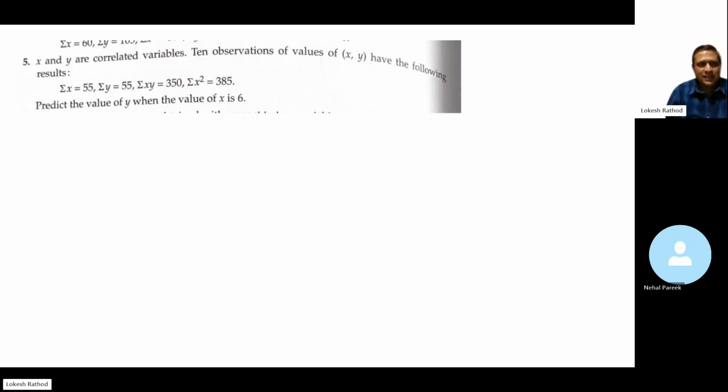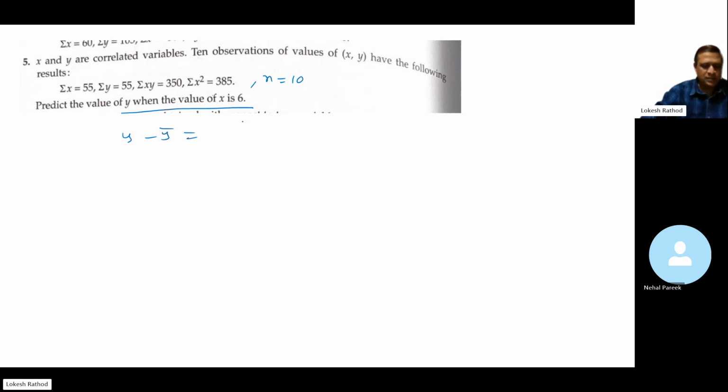Question. X and Y are correlated variables. 10 observations of values XY have the following. So they've already said n is 10, right? Sigma x, sigma y, sigma xy, sigma x square are given. Predict the value of y when the value of x is 6. So basically what they are asking us is to find the equation of the line.